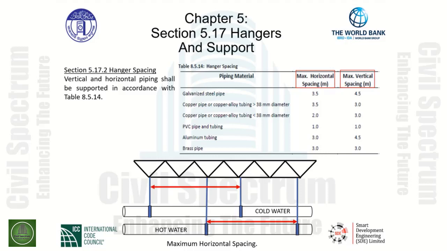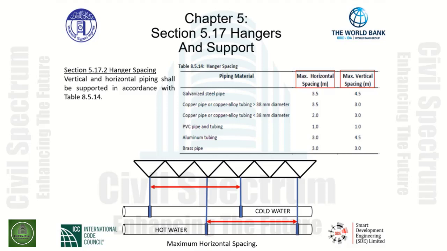Locating the table, the first column gives us the piping material: galvanized steel pipe, copper pipe or copper alloy tubing greater than 38 millimeters in diameter, copper pipe or copper alloy tubing less than 38 millimeters in diameter, PVC pipe and tubing, aluminum tubing, and brass pipe.